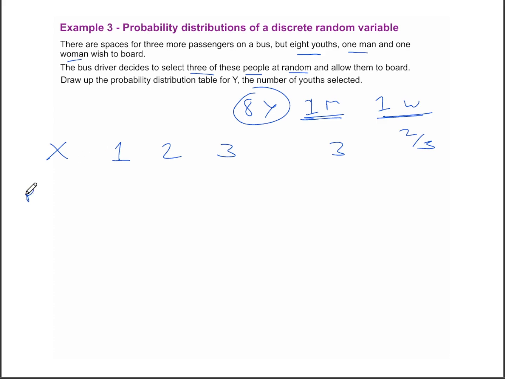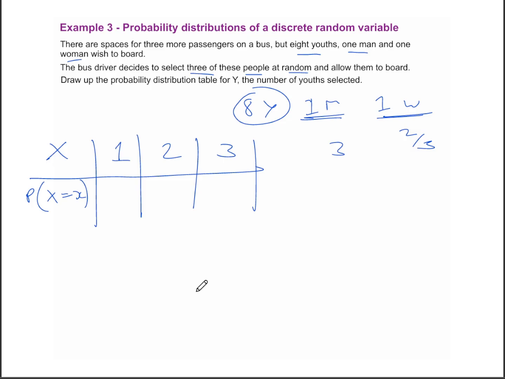Now we have to find the probability of your discrete random variable being each of these values. So we look at the actual selections. Remember, we have 3 spaces. In the first scenario, where one of them is a youth, the first one, let's say, is a youth, because in selection the order doesn't matter, and this one is either a man or a woman, and this one is also the man or the woman.